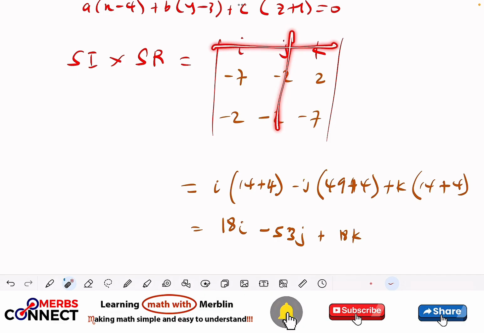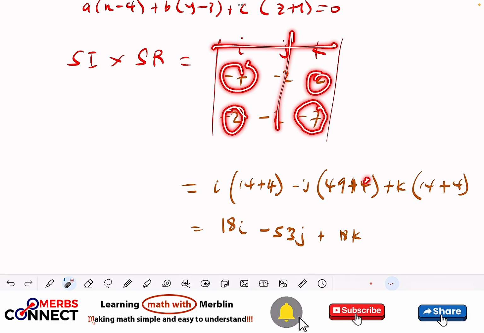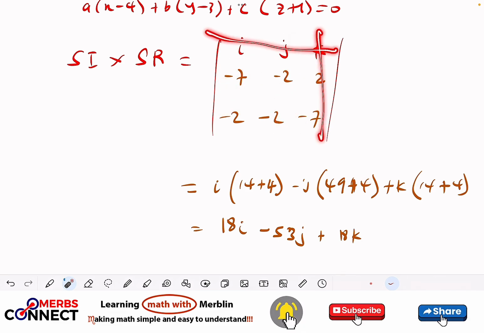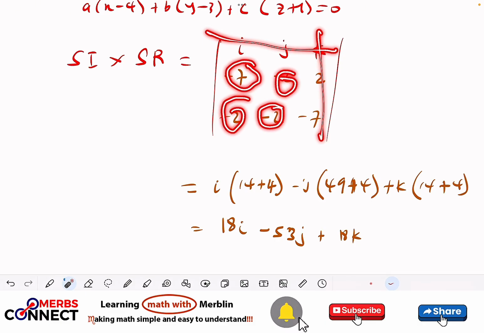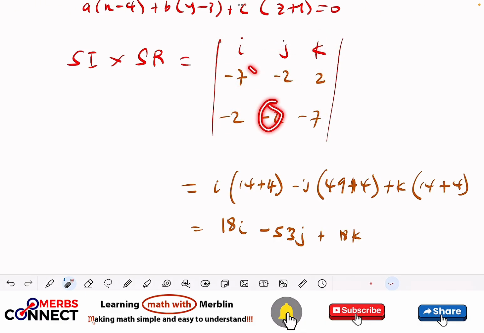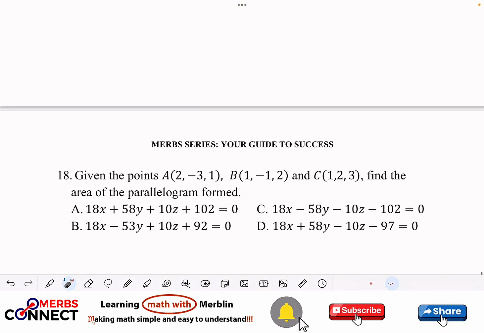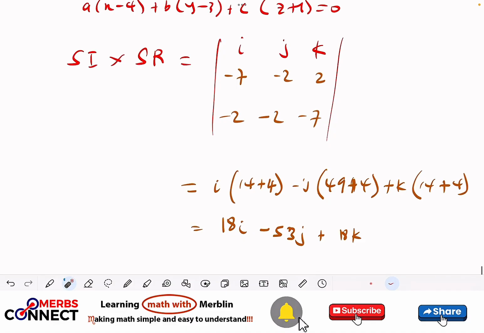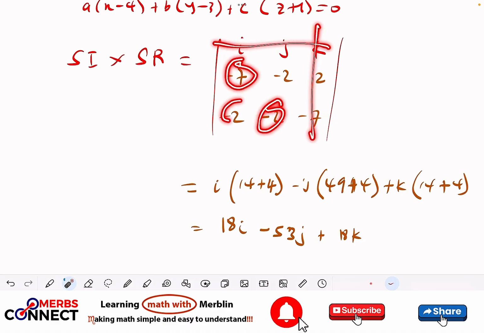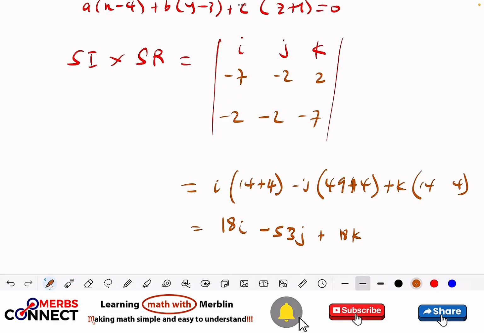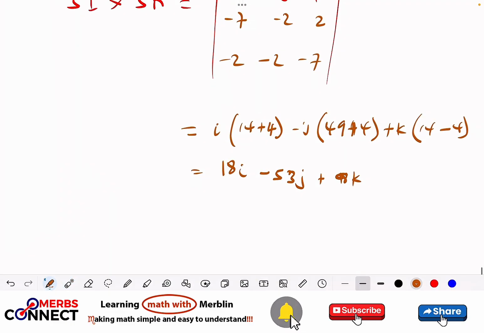This times this times this is 49, and this will be 4. Good. Cancel this and this. This times this will be 14, and this times this will be 14, 4. Okay, so I think 18. Let me go again. This times this will be 14. Oh, okay, so this one will be minus. Okay, so this is going to give us 10.